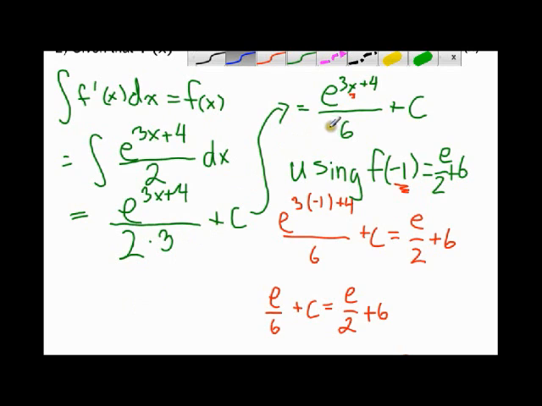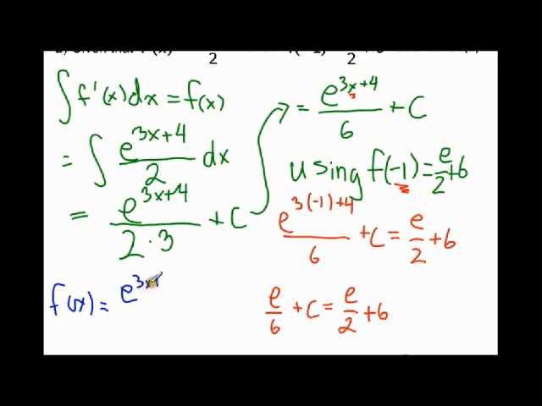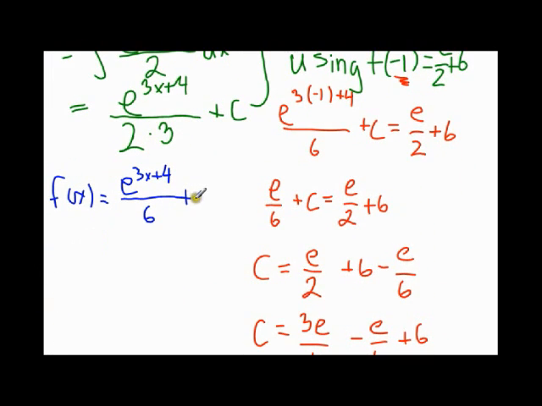So now we're going to put the two things together and we're going to say that f of x is equal to e to the 3x plus 4 over 6 plus c, but we know that c is e over 3 plus 6. So this is in fact the exact original f of x that we were looking for, right?